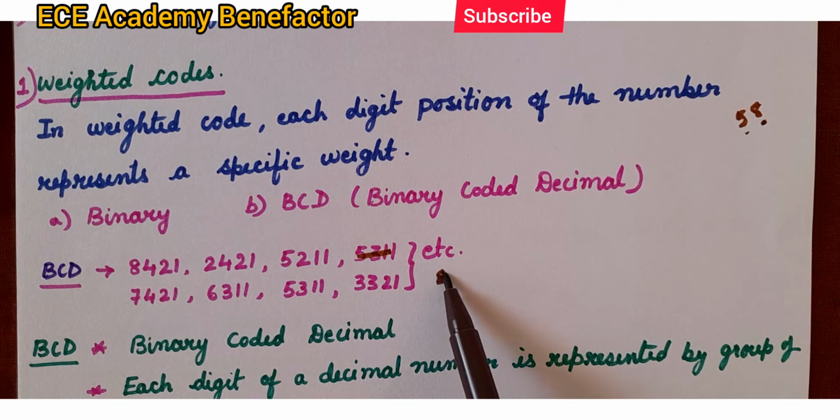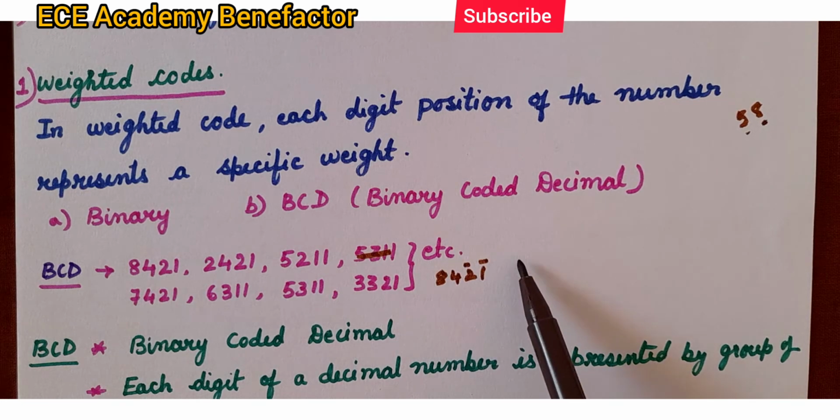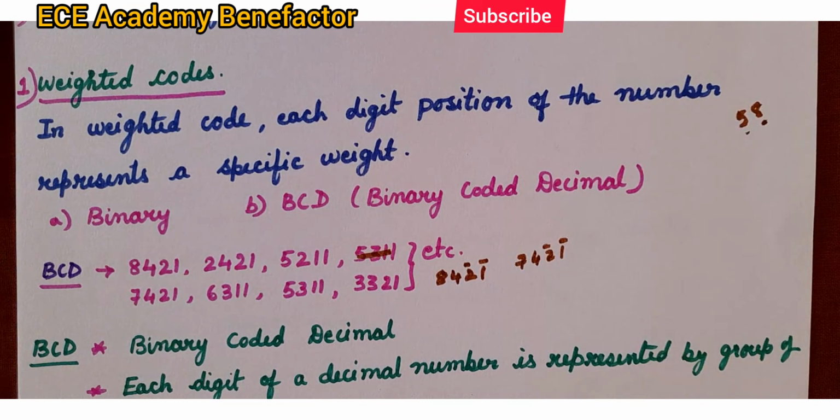Few examples are like 8421 bar bar, 7421 bar bar. These are also few examples of BCD codes.